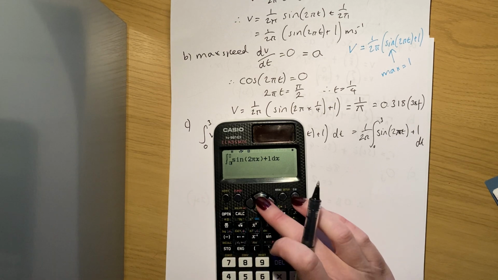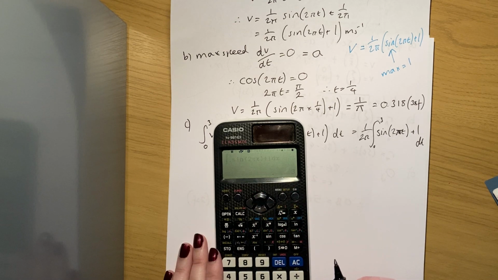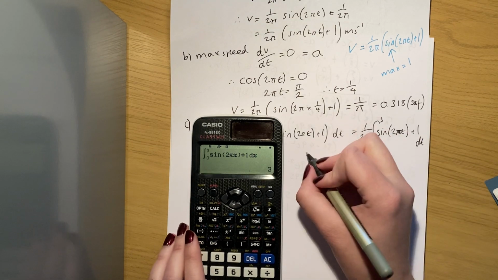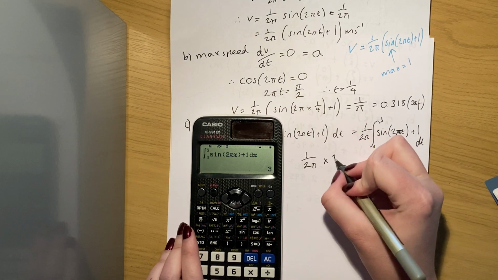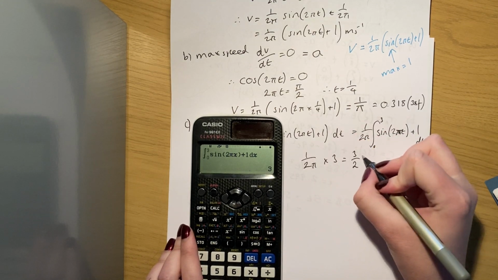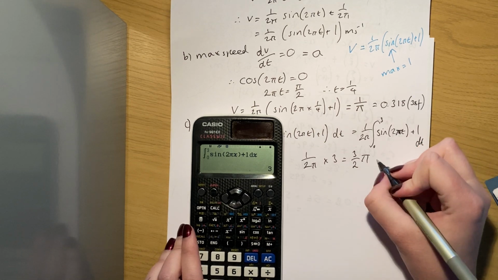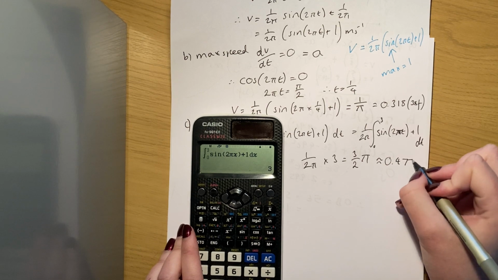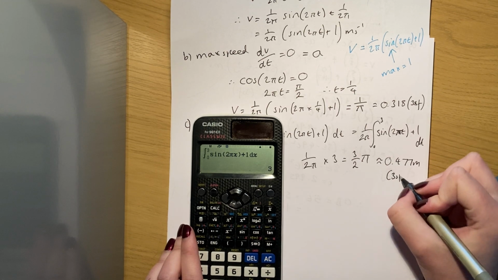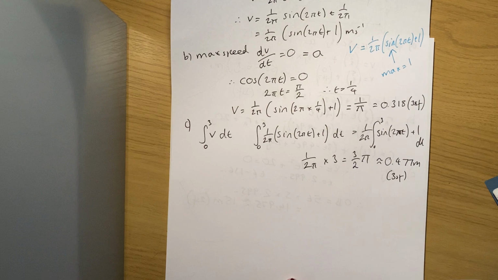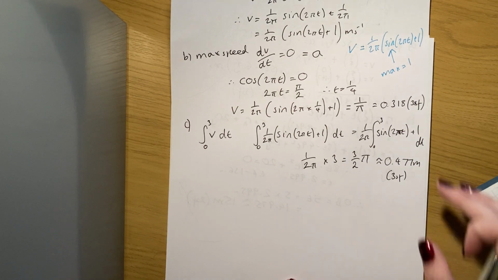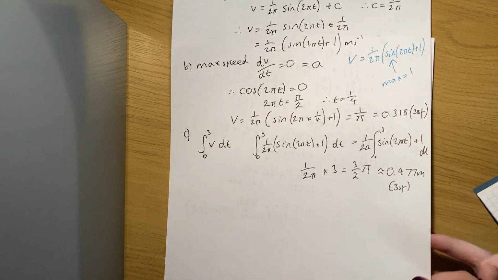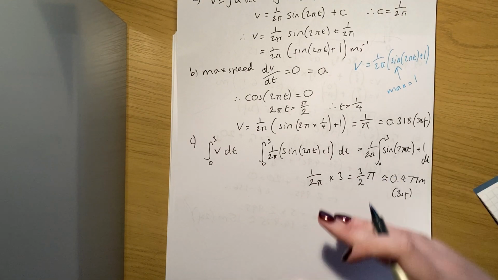Then I'm going to go back to fill in those limits. So that is 3. 1 over 2 pi times 3 is 3 pi over 2, which is approximately 0.477 metres to 3 significant figures. So, not too bad. As long as we can differentiate or integrate those, then the actual concept itself is not a challenge.